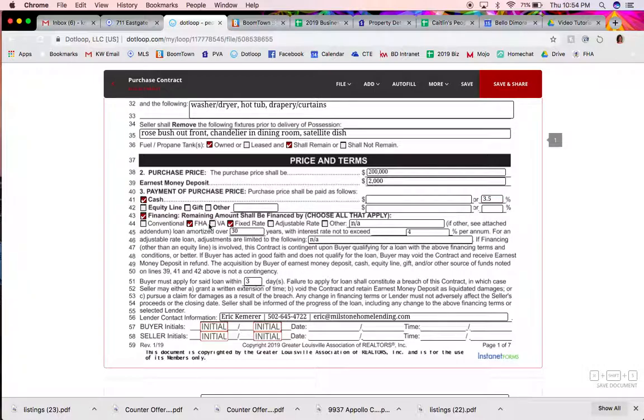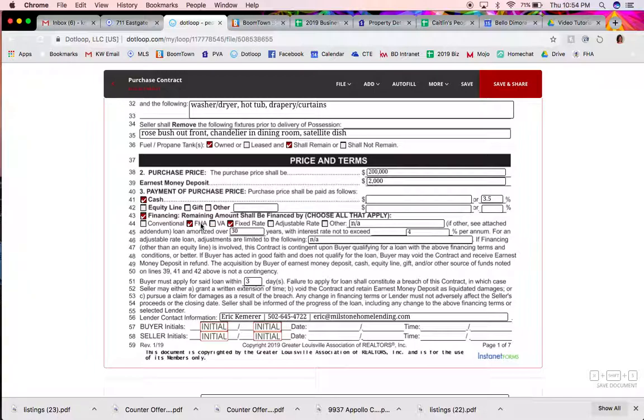So in this example, we're doing an FHA loan, and if the buyer is thinking, well, I'm not sure if I want to do FHA or conventional, always put the lesser of the two products. These are kind of in order of strongest to weakest, conventional being the strongest, FHA being next, and then VA is kind of the lesser of all of the products.